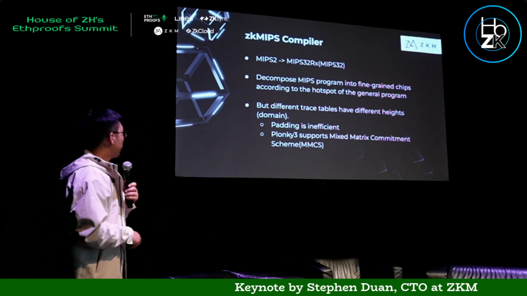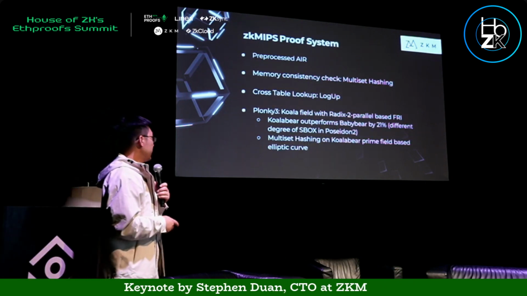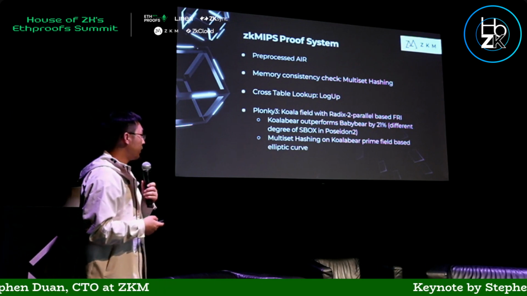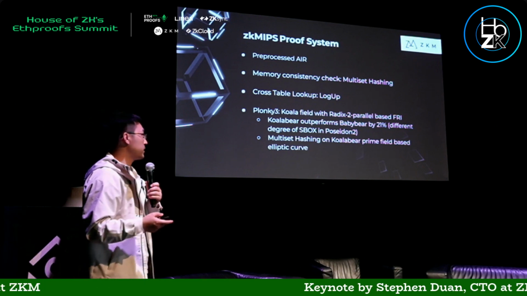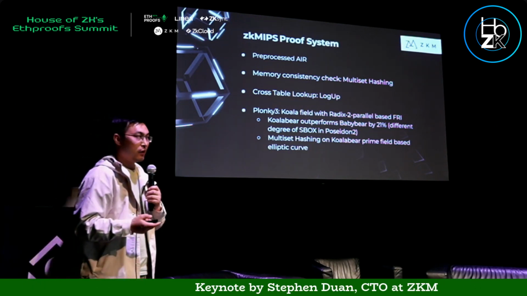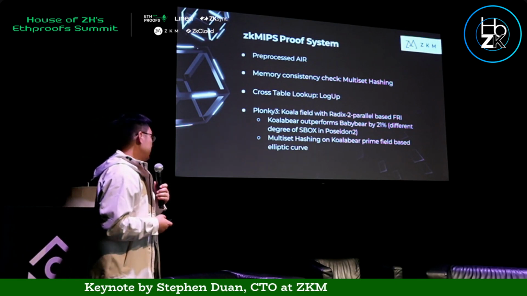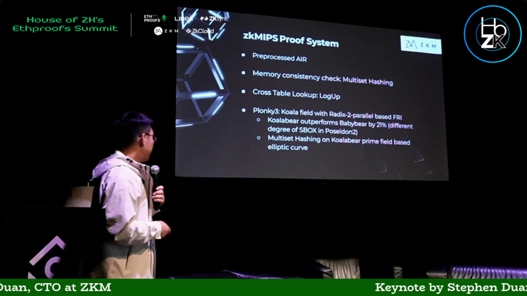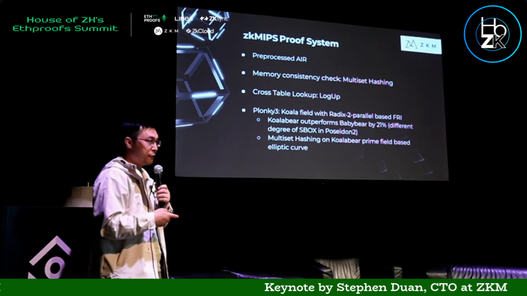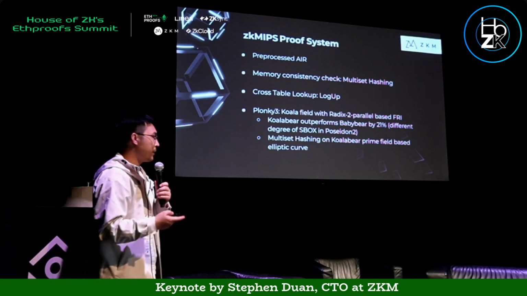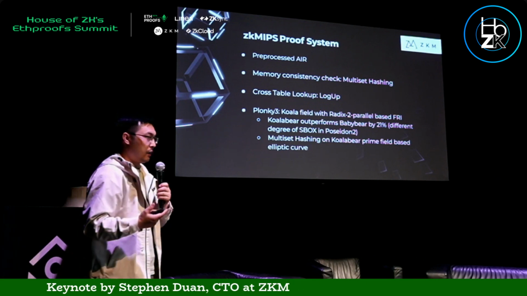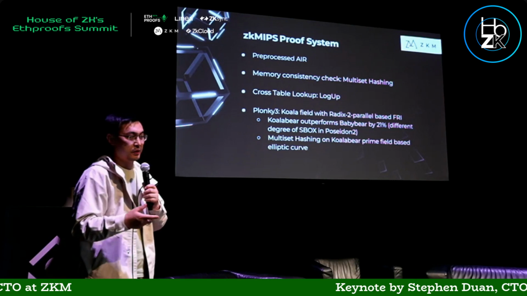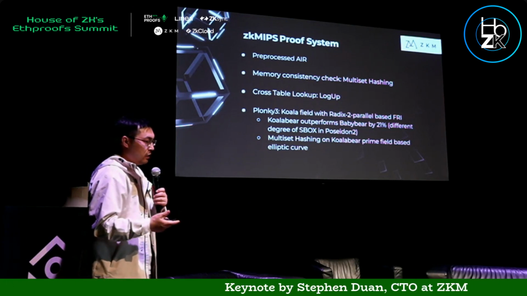And okay, for the proof system, the constraint system of zkMIPS is the PIL, that's the pre-processed layer, and we use multi-set hashing for memory checking and memory consistency checking, and across tables we employ LogUp. For Plonky3, the quite different thing is we are using the KoalaBear prime field, which is different from SP1 or RISC0 or some other projects.